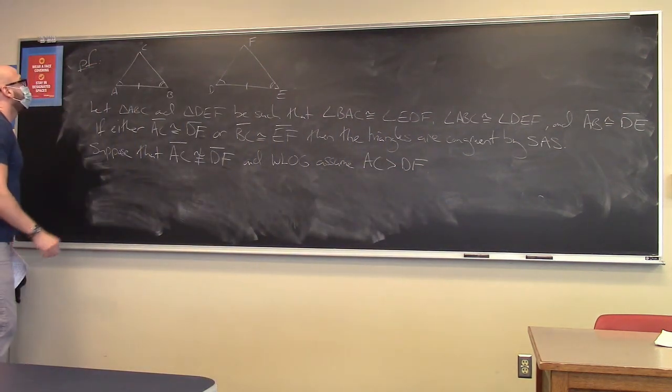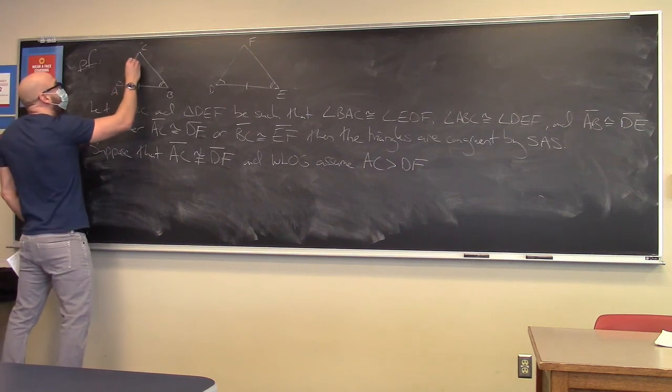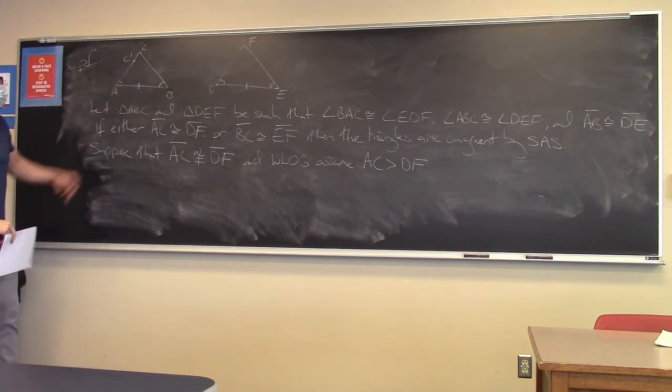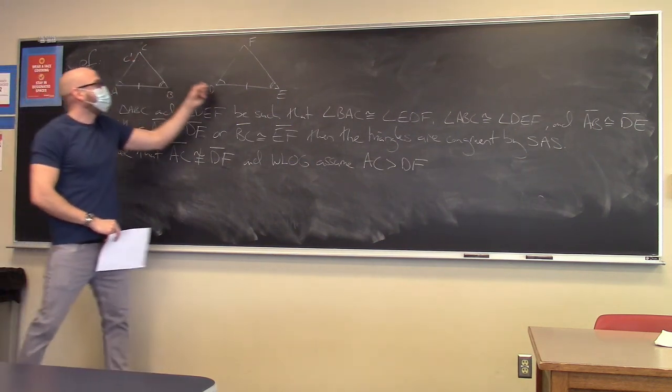Well, what does that mean? That means I can come into AC, and I can choose a point that we'll call C prime, so that AC prime is the same length as DF.